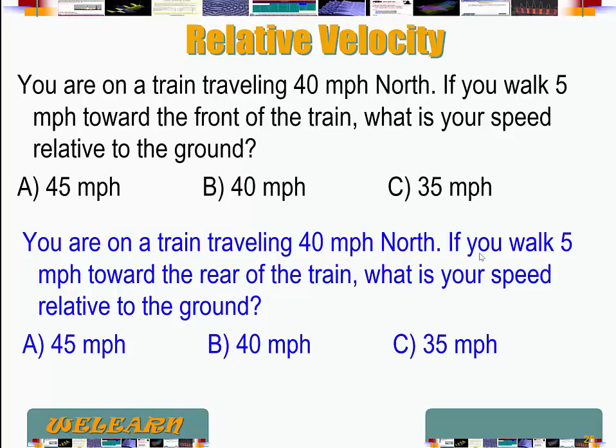For people outside, they see the train as moving 40 miles per hour north, but you are moving relative to the train at 5 miles per hour south. So your velocity relative to these folks outside is not going to be the 40 miles per hour, it's not going to be the 45, since the train is moving towards the north while you are moving towards the south. So it's going to be 35 miles per hour.